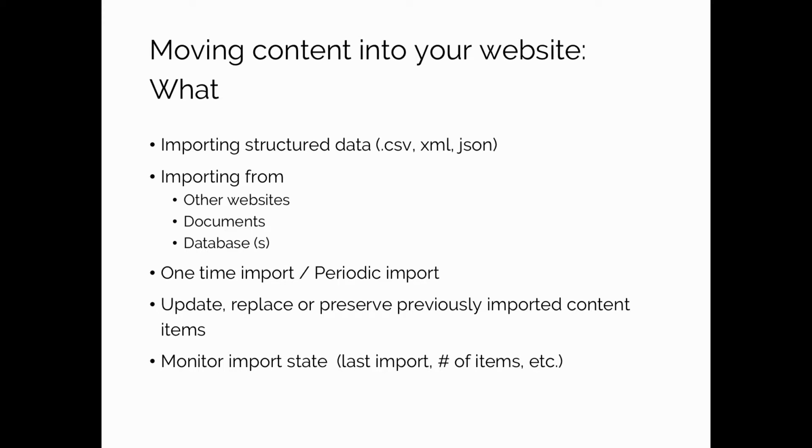Where do we get information, and what is the source of information? Sometimes you have information that's generated within your organization, for example, a list of events that your organization is going to offer for the next year or for the next semester.